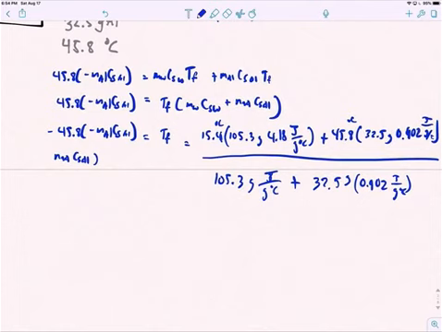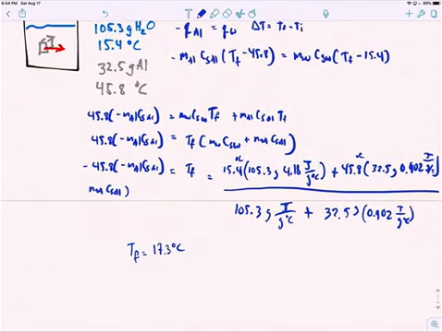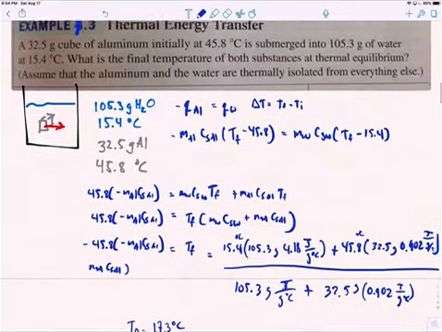Then you put in the values, and when you set everything up, you get the final temperature, T_F equals 17.3 degrees Celsius. It's an easy enough problem, but the algebra is kind of tough to do. So anyways.